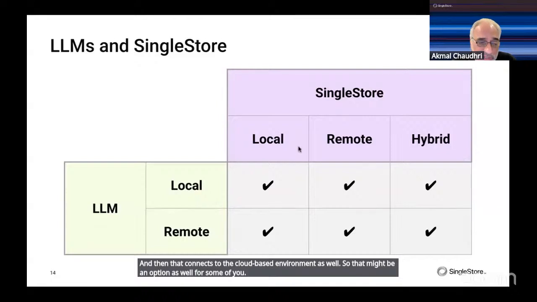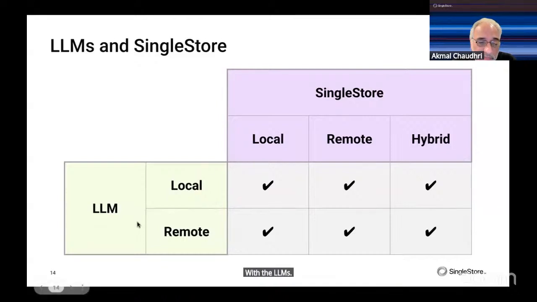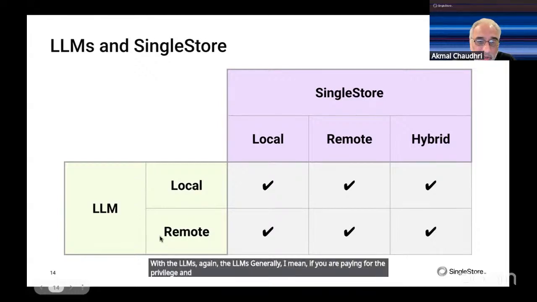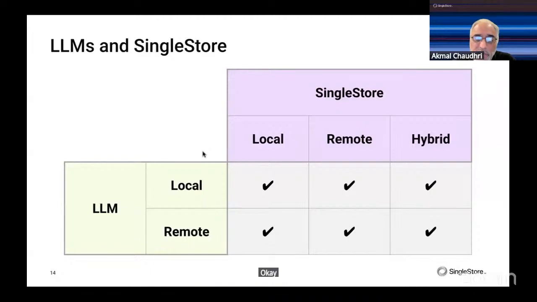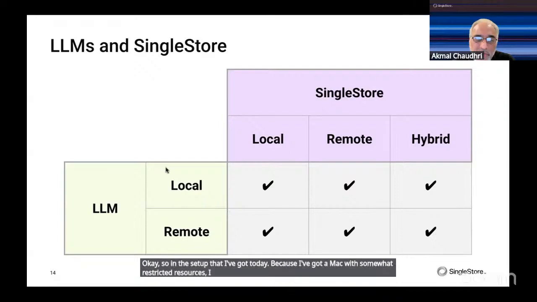With the LLMs, generally, if you are paying for the privilege and using one of these third-party providers, typically you're sending your data remotely. Today, we're going to be using it locally. Okay. So in the setup that I've got today, because I've got a Mac with somewhat restricted resources, I've got Ollama doing the local part, but I'm connecting securely to SingleStore in the cloud.